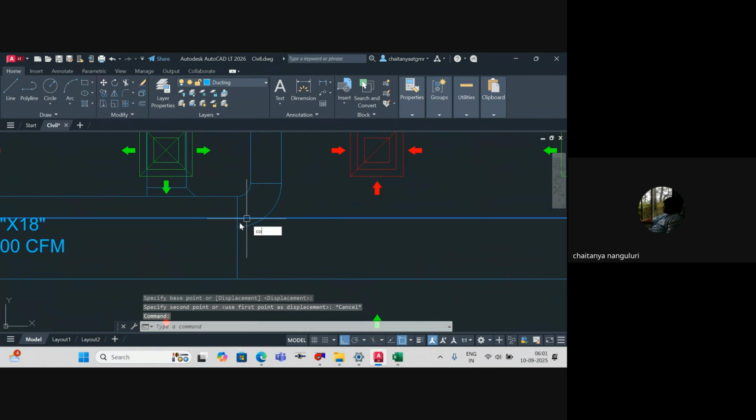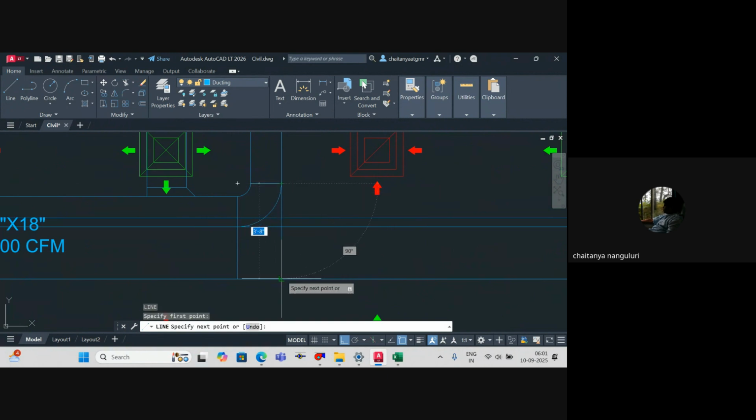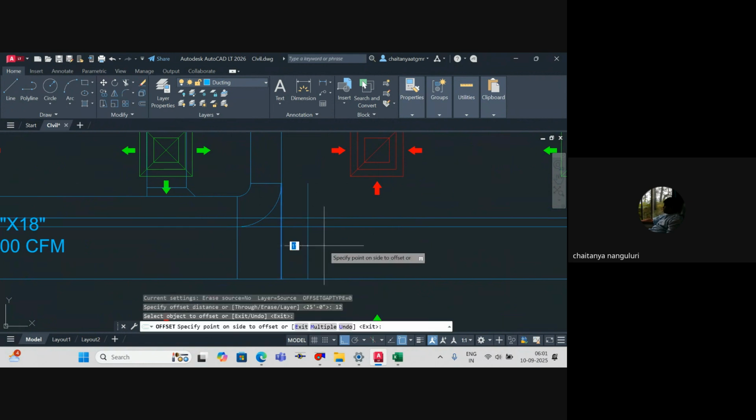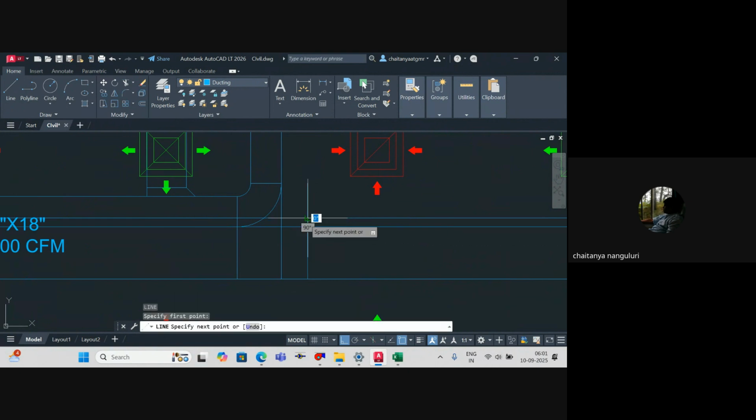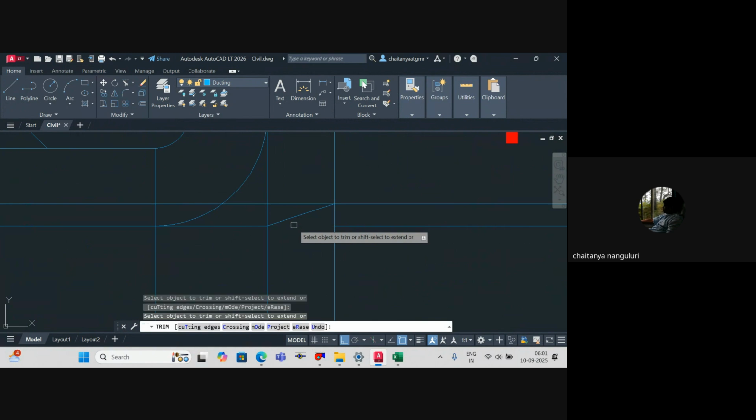So this line, copy, I'll take it over here. Then after a certain distance, again we'll increase it by another 300 mm or something. Oh, sorry, this is inches. Later I'm forgetting that. So make it like this.